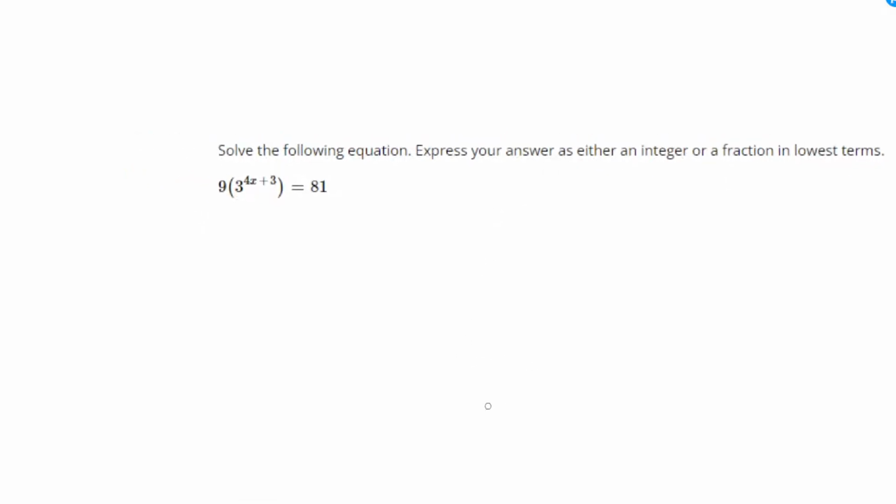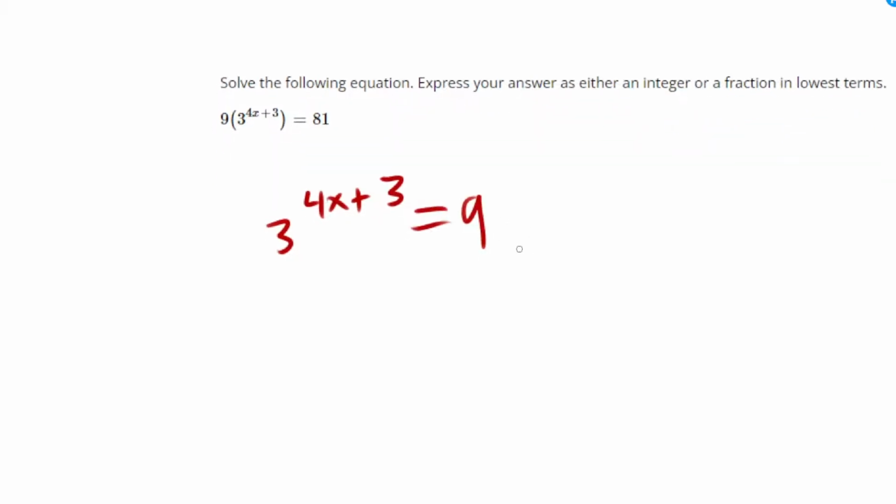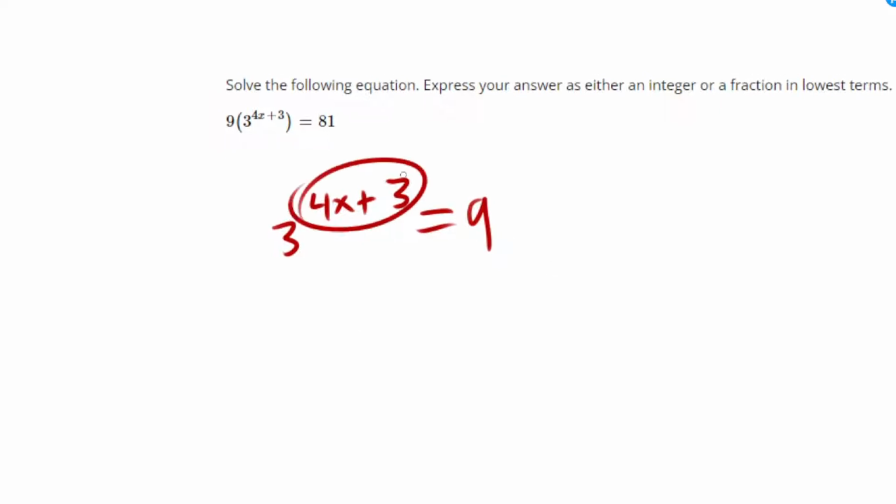Same idea for this. We're going to divide both sides by 9, which gives you 3 to the 4x plus 3 equals 9. Now, things get a little bit trickier, but we know that 3 squared equals 9, right? 3 times 3 equals 9. So we need to turn this into 2.